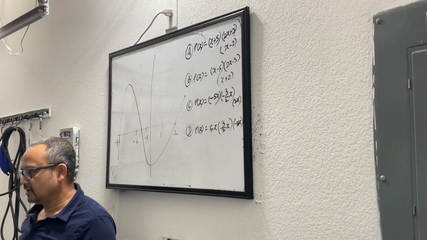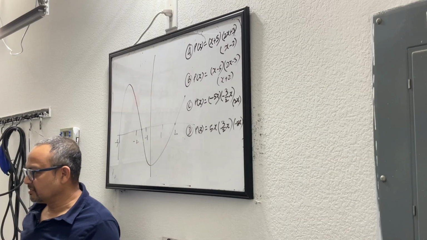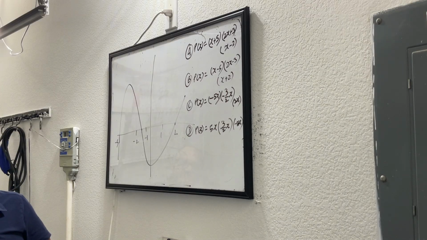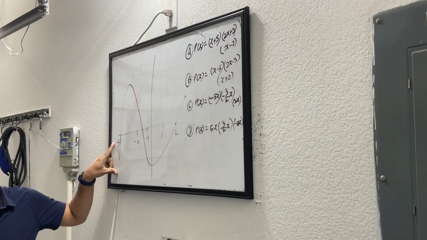Okay. And if you tell me why you think it's B? I think it's B because the x for it is like -5 on the left. For me, it's left side, and then it's -2 for the one in the center.